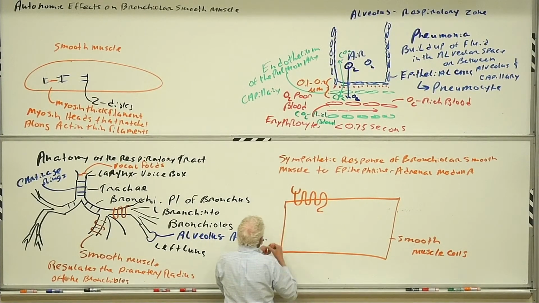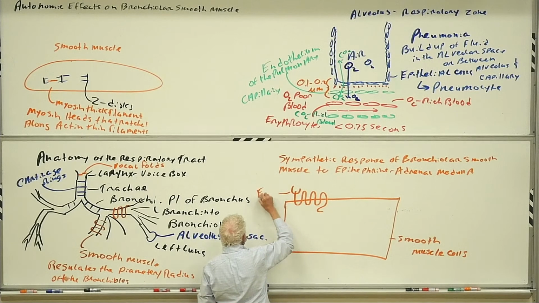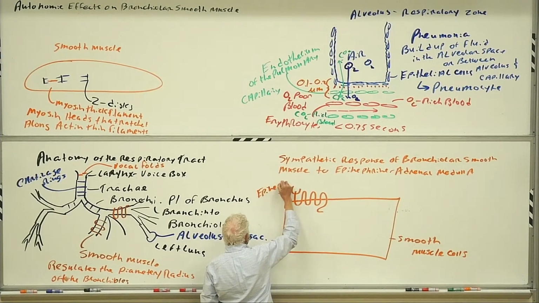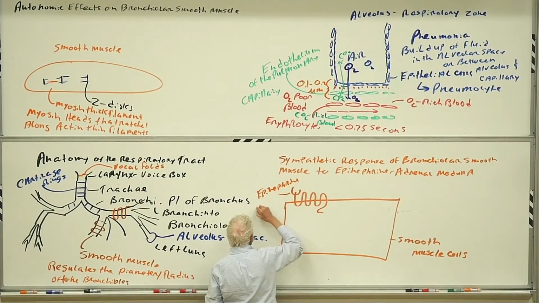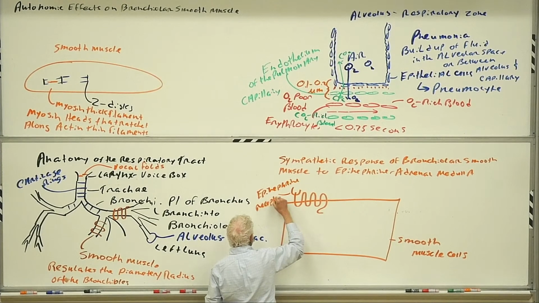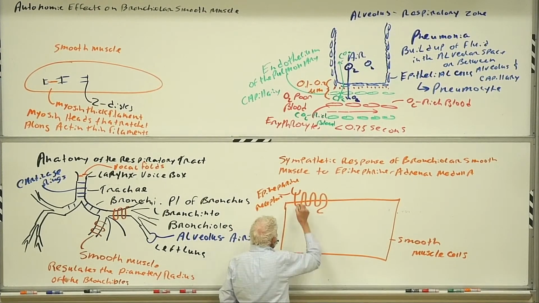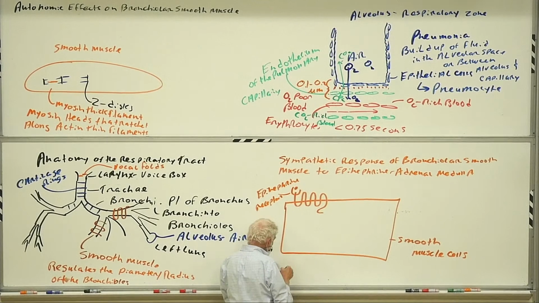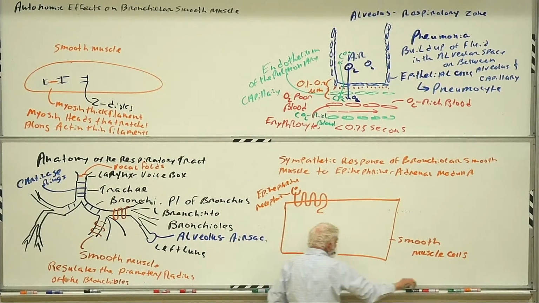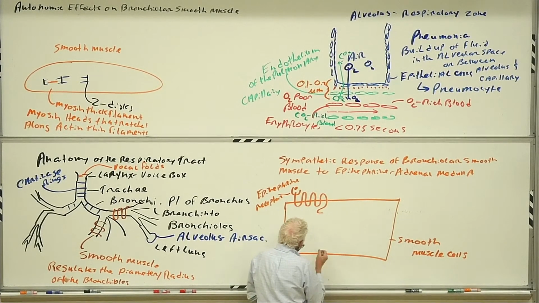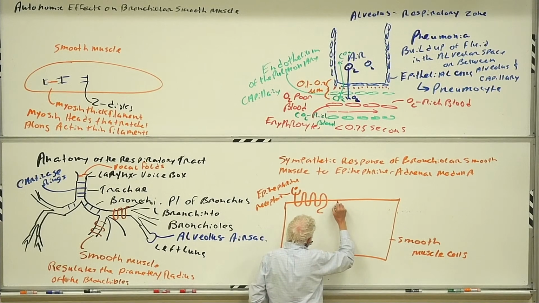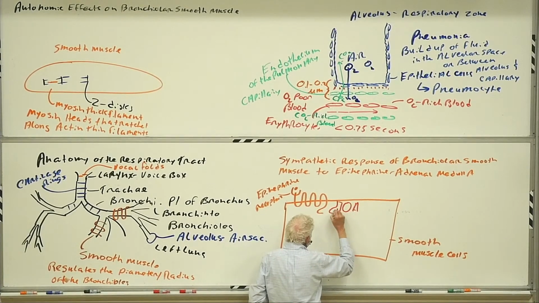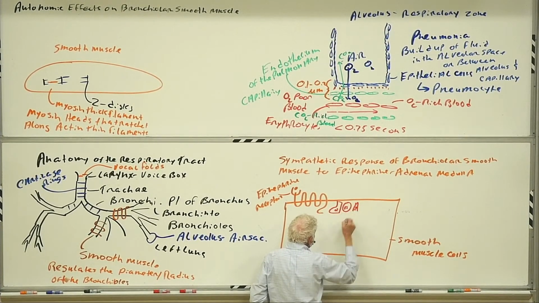This will be the epinephrine receptor. When epinephrine binds to the epinephrine receptor, we now bring into play those old friends of ours, the heterotrimeric GTP binding protein. So it's an alpha, a beta, and a gamma.